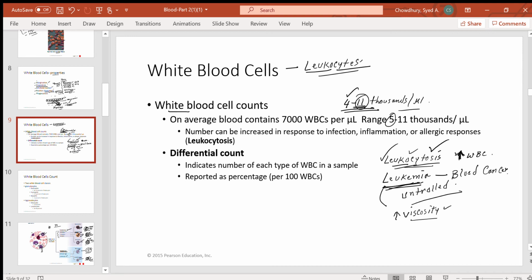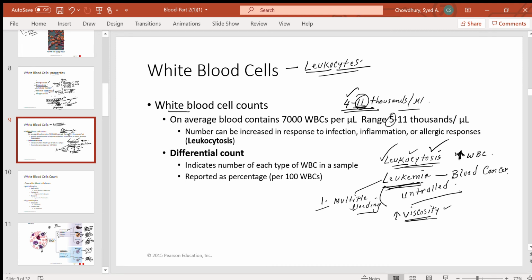That's why in leukemia we see multiple internal bleeding due to rupture of the narrow blood vessels, due to increased viscosity of the blood. That is one thing we see, internal bleeding.